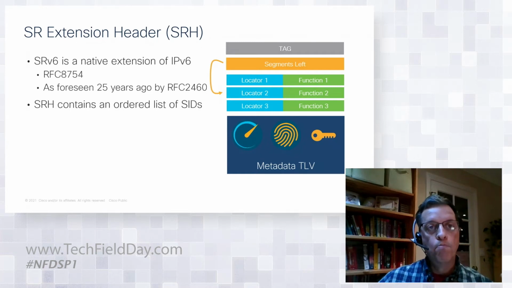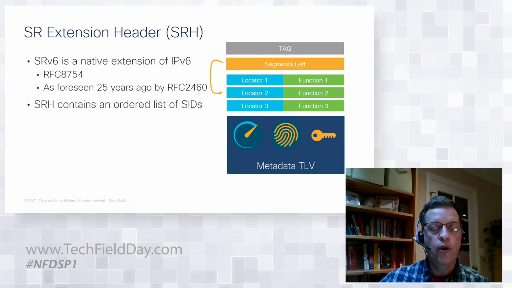If I need to express multiple waypoints in my outer IPv6 header to realize source routing, the team in 2017 proposed the segment routing extension header, or SRH. SRH, very good news, is also a proposed standard at the IETF. It's RFC 8754, and it's completely aligned with the architecture of IPv6 25 years ago, where extension headers were possible, extension headers were proposed, and SRH is just a realization of an extension header for the purpose of source routing.